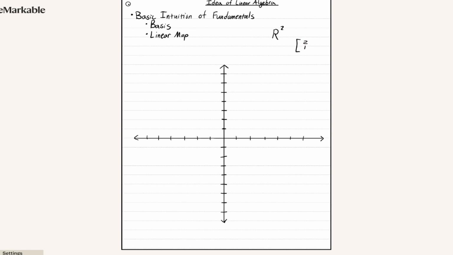Like, for example, (2, 1) will look like this: 2 to the right and 1 up. So this is a vector in R2.